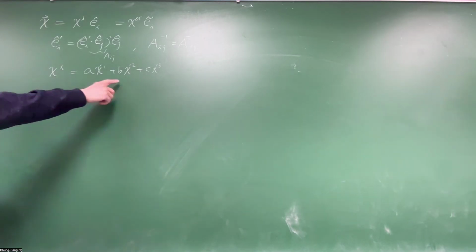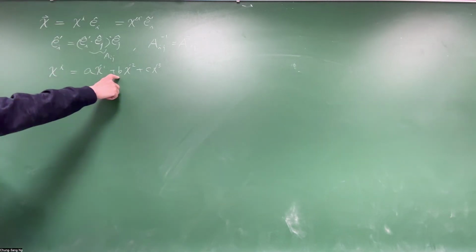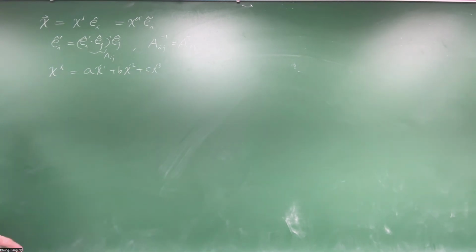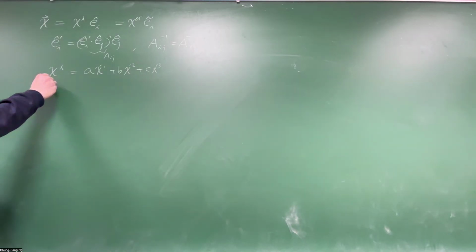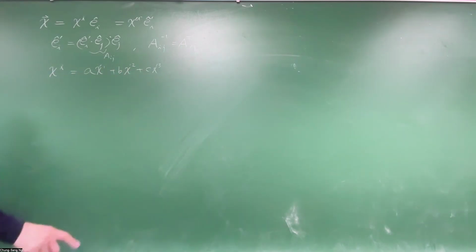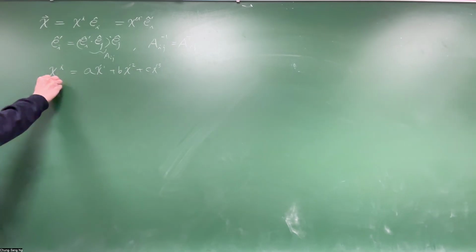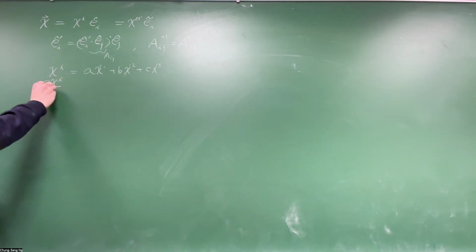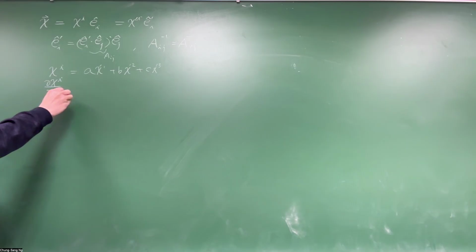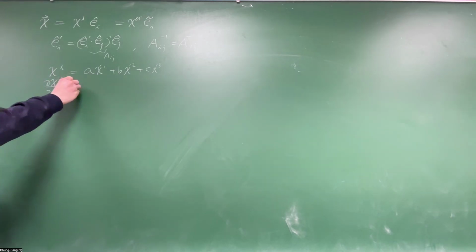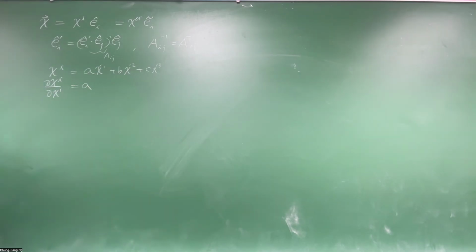But because it's linear, then we can figure out all these coefficients by simply taking a derivative, right? So obviously, if we do a partial derivative, we're staying with Cartesian coordinates. So partial x i, partial x1, will obviously give you A, right?